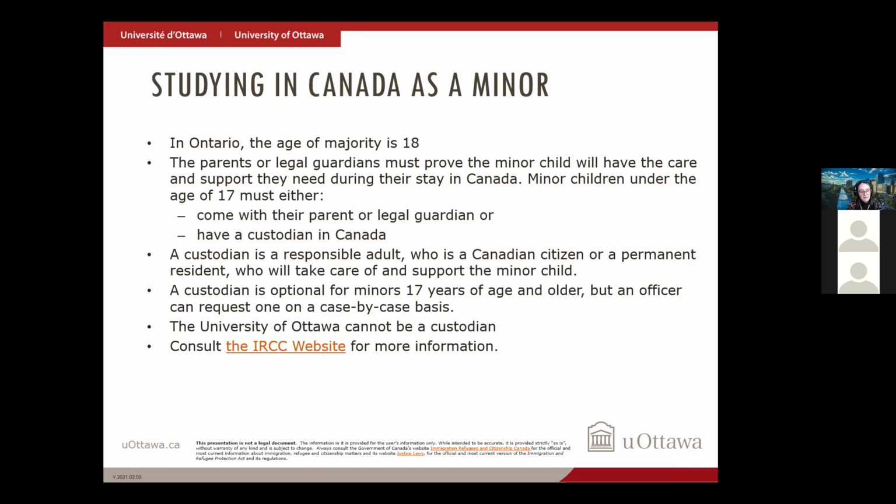The University of Ottawa cannot be a custodian, so it's not a service that we offer, but there are a few organizations in Ottawa, in Ontario, that you could look into if you are trying to find a custodian and you don't have a permanent resident or a Canadian citizen who can be one. And then we're giving you here the IRCC link for more information. Okay, let's keep going.